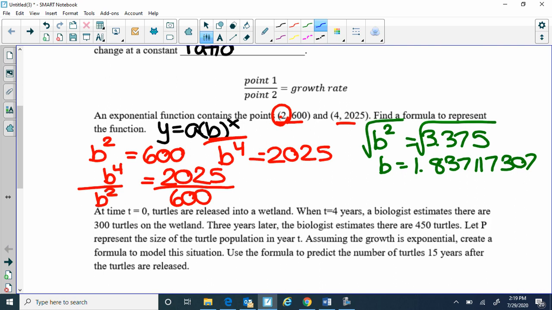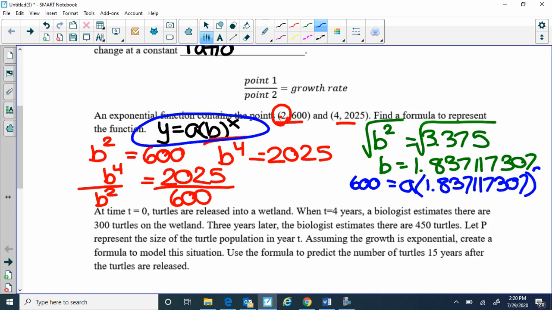So if I plug that in, my y value for my equation would be 600. My b value is what I just found. A, I'm not sure of yet, so I'll just leave that. And I know if it's raised to the second power, I'll get that 600.